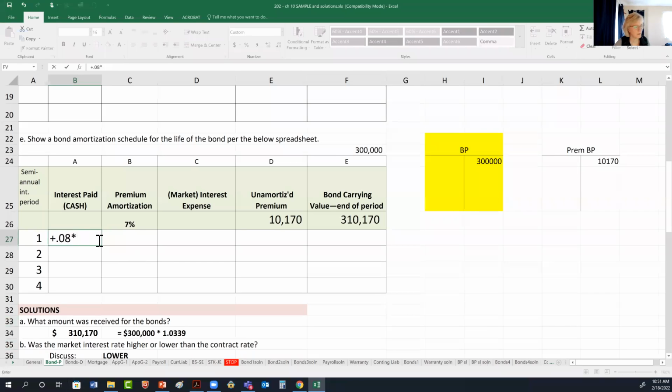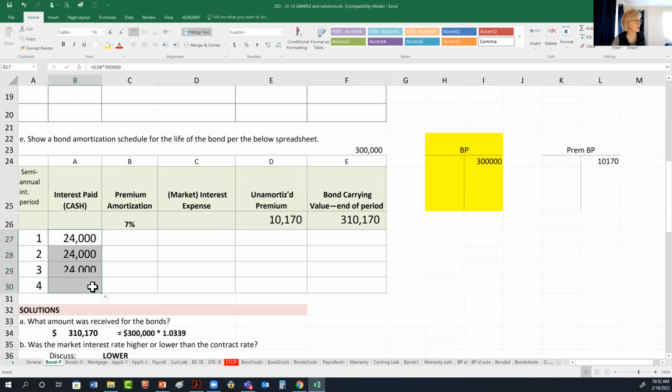Yeah, that's correct. So if you had that bond, you would get $24,000. Actually, it's 300 bonds, right? Because a bond is $1,000. If you had 300 of those bonds, you would have a guaranteed annual income of $24,000. And that's not going to change for the life of the bond.